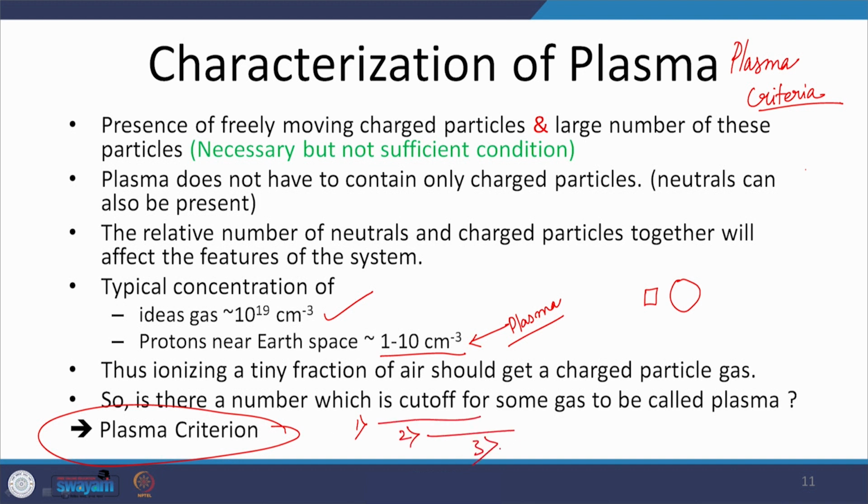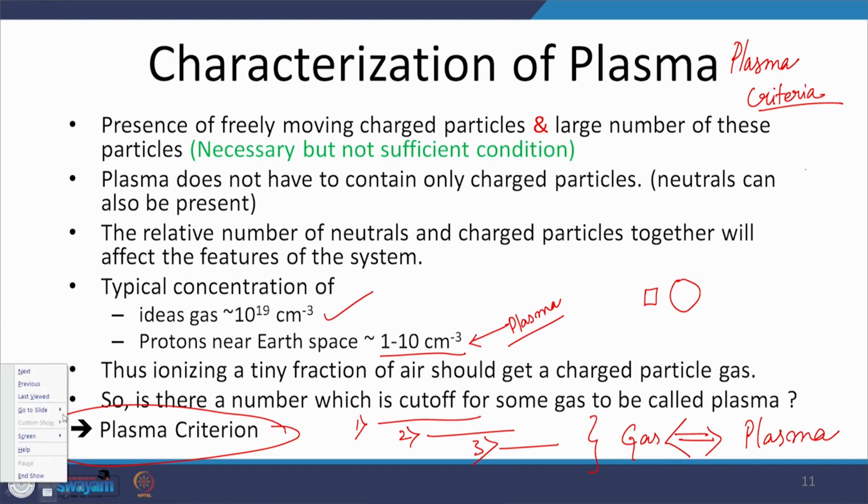Upon satisfying all the 3 rules, only then are you going to call a gas plasma. Most importantly, this is not a both-directional arrow. Every plasma is a gas, but not every gas is a plasma, despite having charged particles.